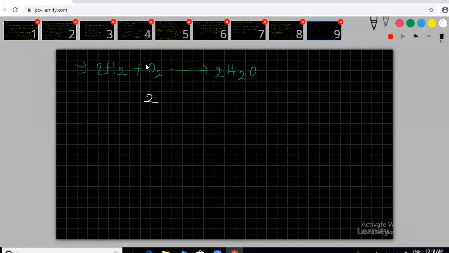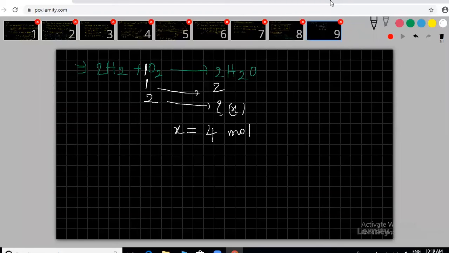So 1 mole gives 2 moles of water. Then 2 moles of O2 will give how much? So X equals 4 moles of water. Are you understood or not? Yes, correct. You got the correct answer.